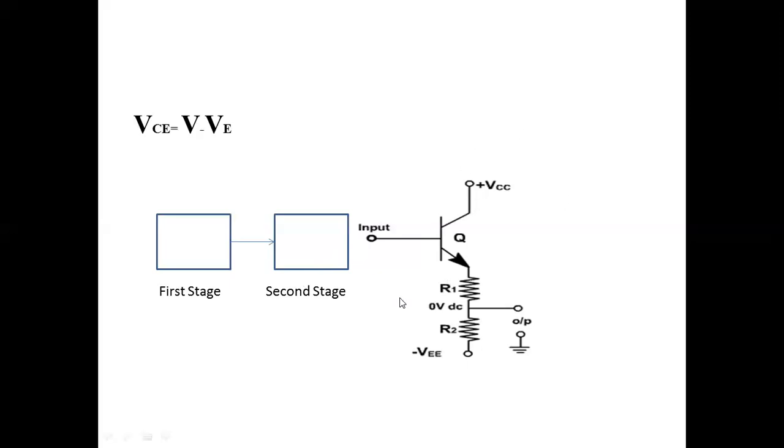Whenever the input given is available the same at the emitter side, it is called an emitter follower circuit. That is, the emitter follows the input.